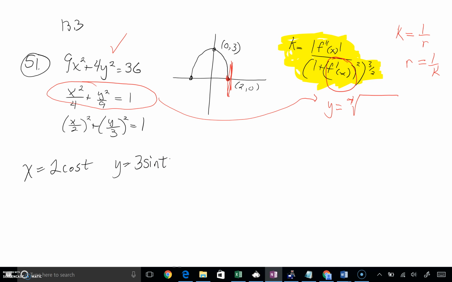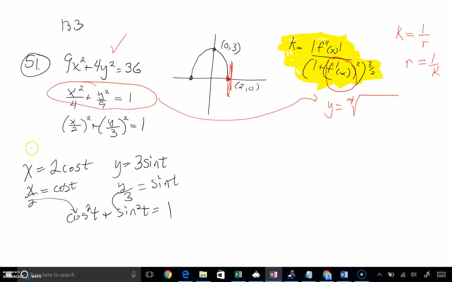The reason we can do this is, if we divide both sides by 2, we'd have x over 2 equals the cosine of t. If we divide both sides by 3, we'd have y over 3 equals the sine of t. And of course, we know that cosine squared of t plus sine squared of t equals 1. That means we'd have x over 2 quantity squared plus y over 3 quantity squared equals 1.